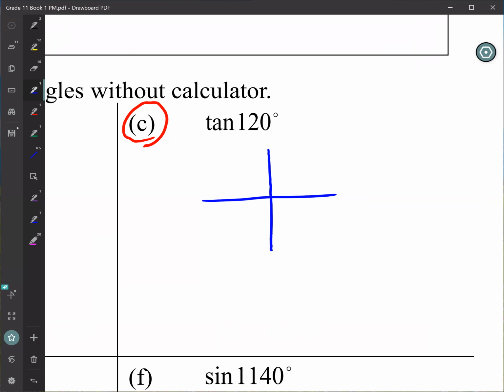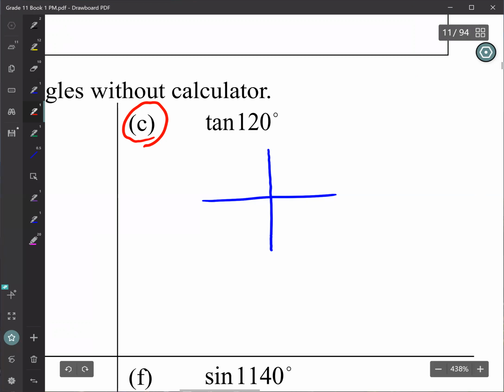Marcus, Jenny, Ivy, Harry, any question how to draw? Any? Do you know how to draw 120 degree? You draw it in the second quadrant. Second quadrant, yeah, very good, okay.